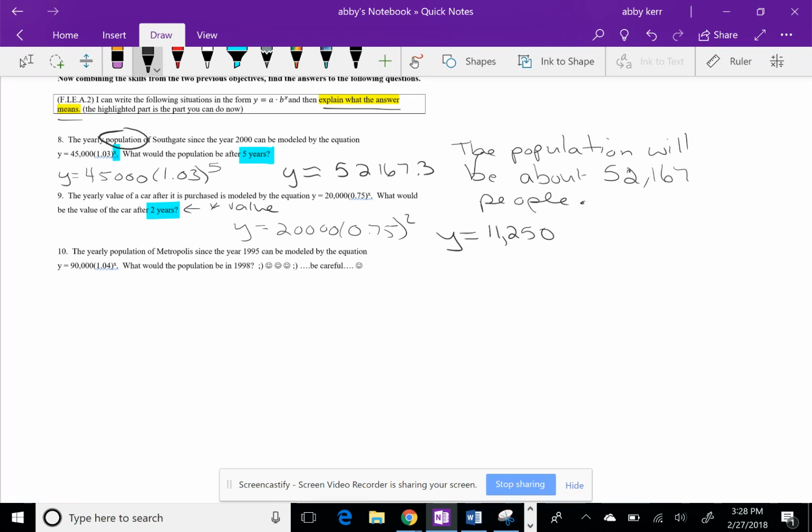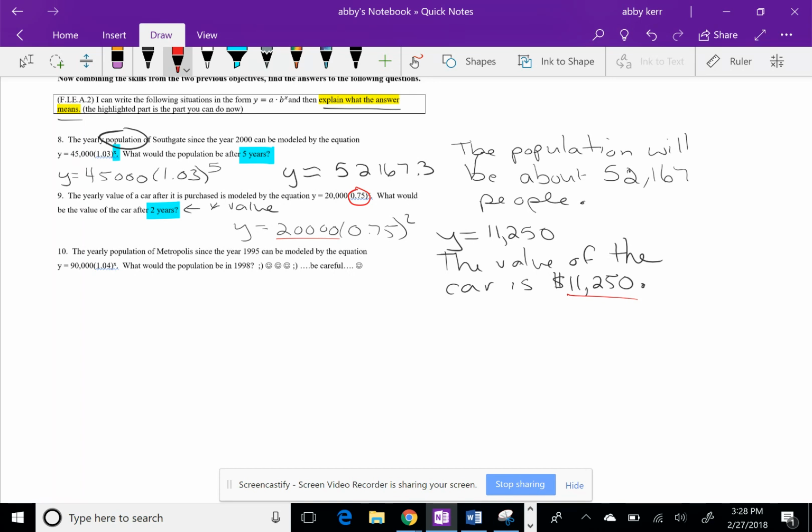So you would say the value of the car would be that price. Which makes sense, because if you look at the problem, this is decreasing because it's between 0 and 1. So it's smaller than the original value. So you know that the value is decreasing.